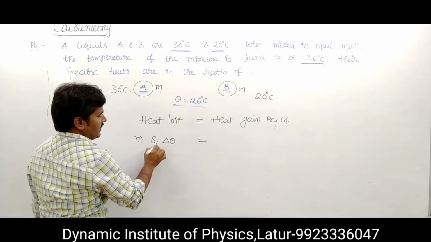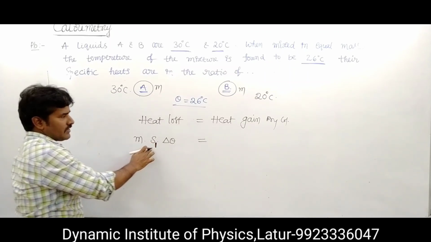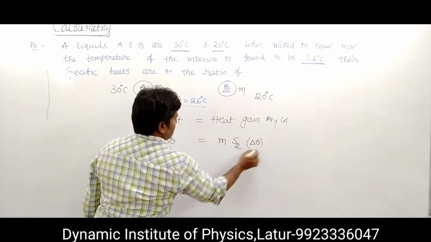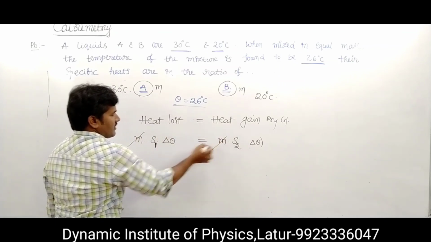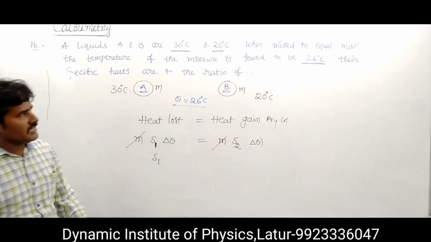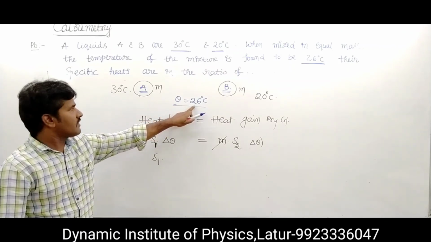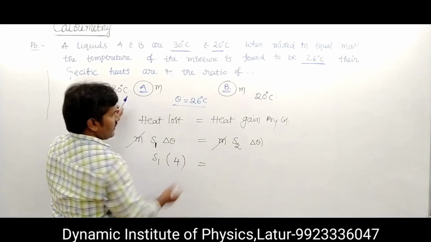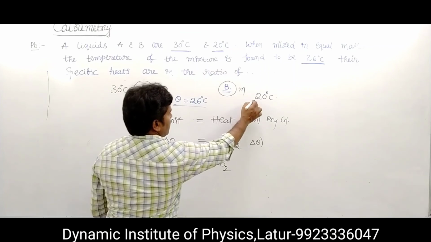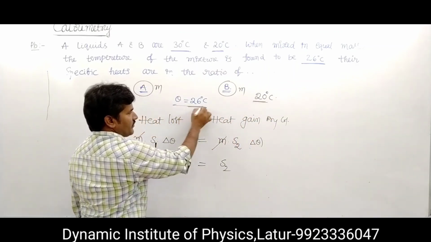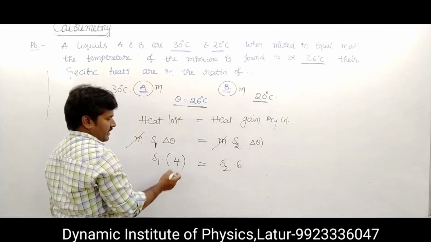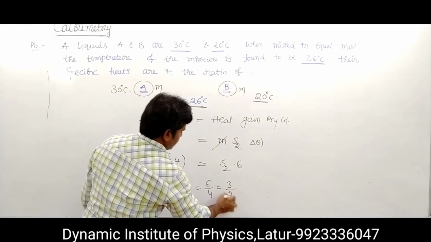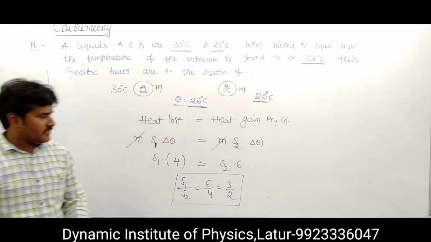The first body has specific heat S1, the second S2, with equal masses. So S1 into (30 minus 26), which is 4, equals S2 into (26 minus 20), which is 6. S1 upon S2 is 6:4, which is 3:2. The ratio of specific heats S1 by S2 equals 3:2.